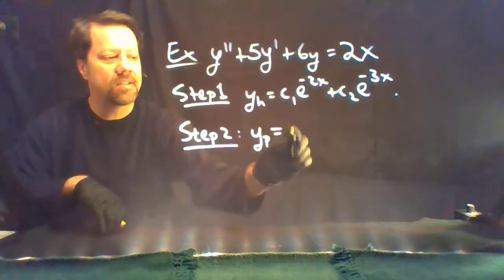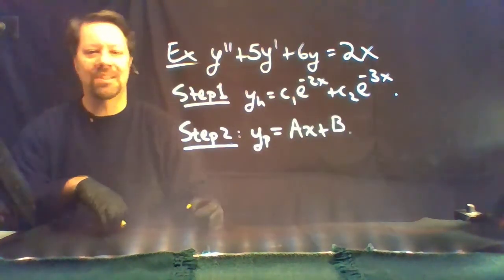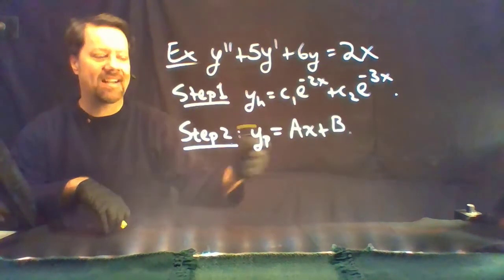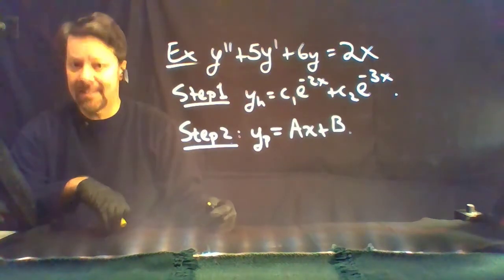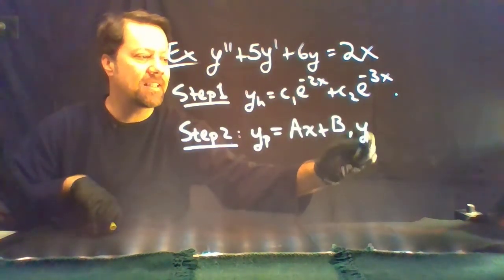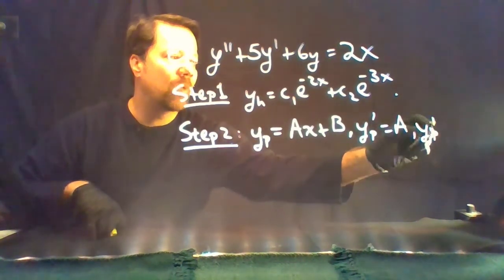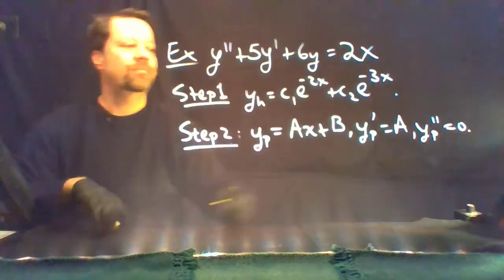In this case, a better guess might be ax plus b. Add a constant. We were off by a constant after all in that last example. In this case, yp prime is a and yp double prime is 0.